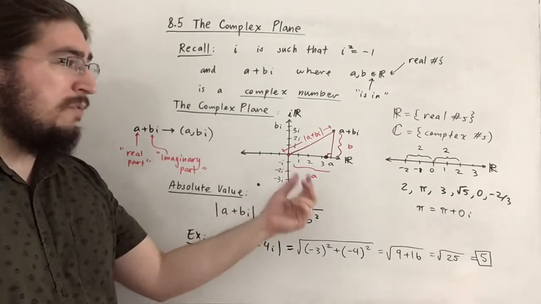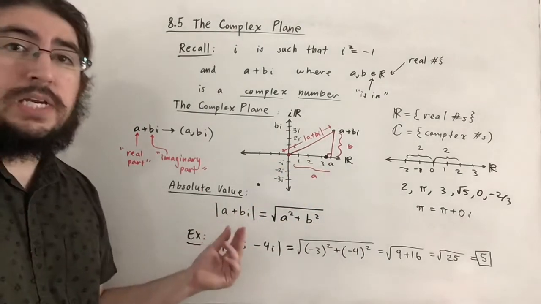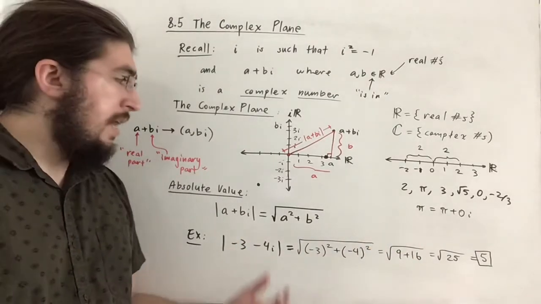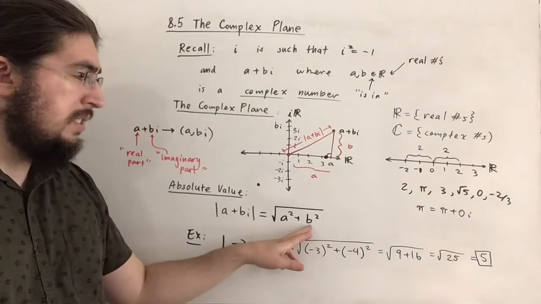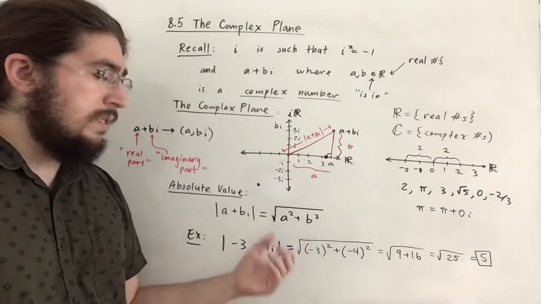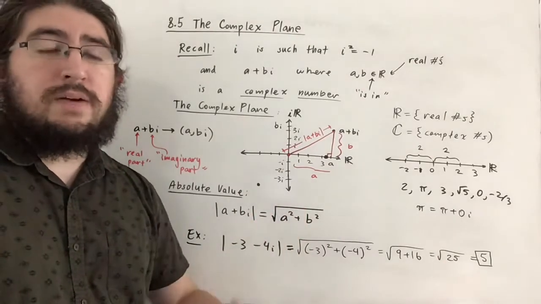And with that being said, if we wanted to take the absolute value of pi, we can use this definition here, and we'll still get the same result we would get otherwise. In fact, you can kind of see, if b is 0, when you square a, no matter if a was negative or positive, you'll result in a positive square, and then square rooting that will give you the positive version of that number.